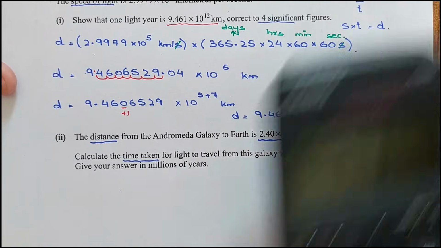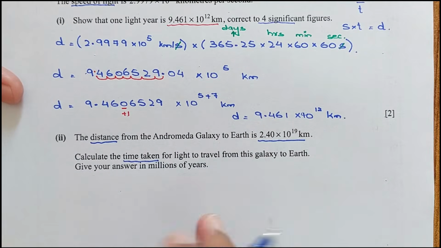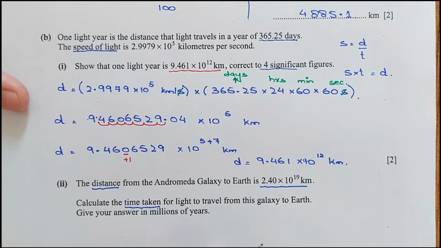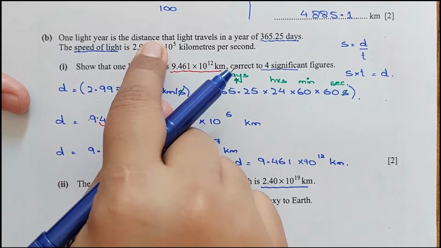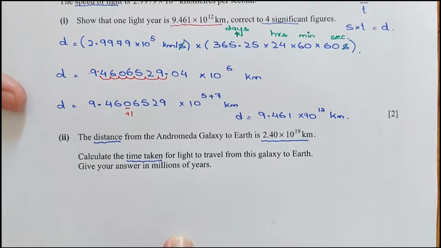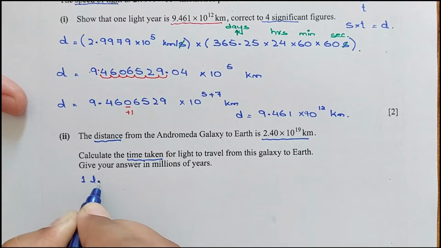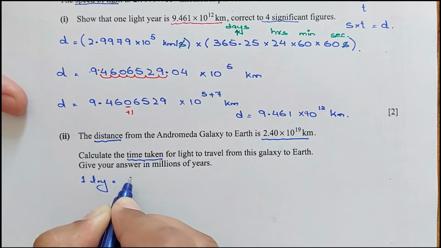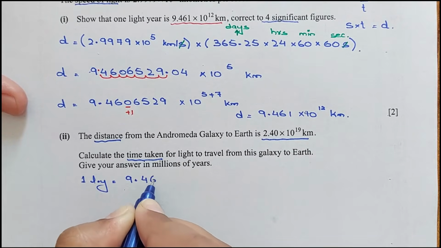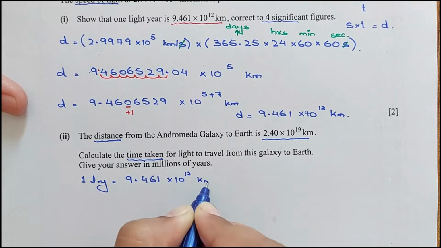So we have to find the time taken for the light to travel from this galaxy to Earth, and we have given that 1 light year is the distance that the light travels in a year of 365 days. So we know that 1 light year equals 9.461 times 10 to the power 12 kilometers.